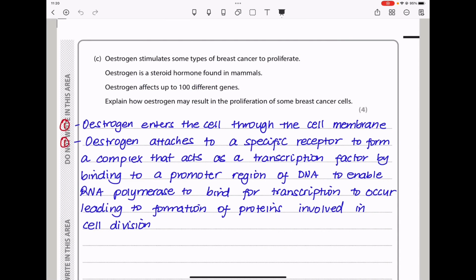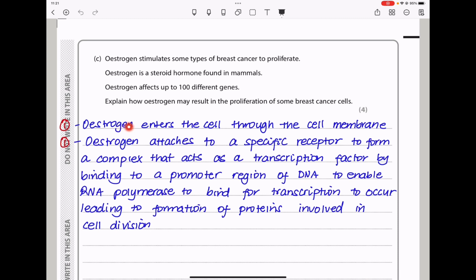Moving on. In part C, estrogen stimulates some types of breast cancer to proliferate. Estrogen is a steroid hormone found in mammals. Estrogen affects up to 100 different genes. Explain how estrogen may result in the proliferation of some breast cancer cells. Because estrogen is a steroid hormone, it's going to enter inside the cell and act as a transcription factor.